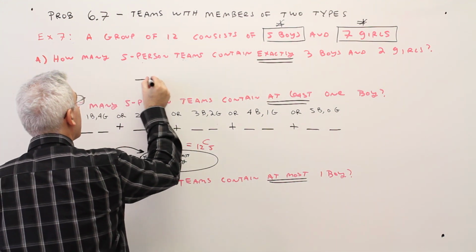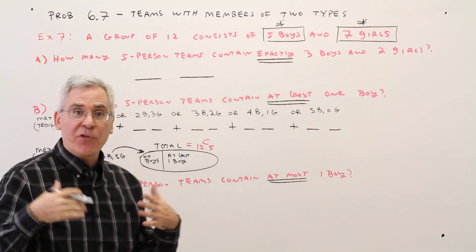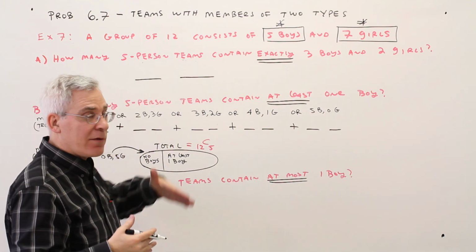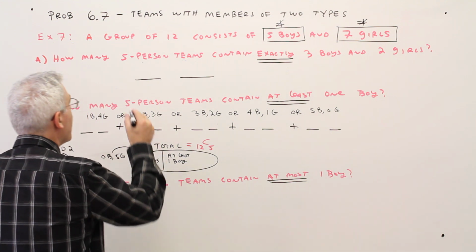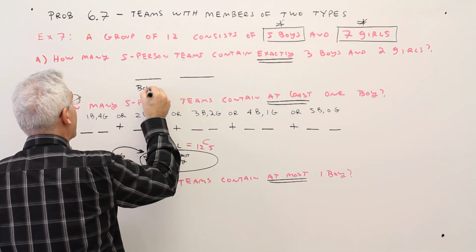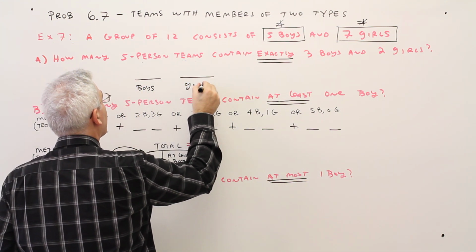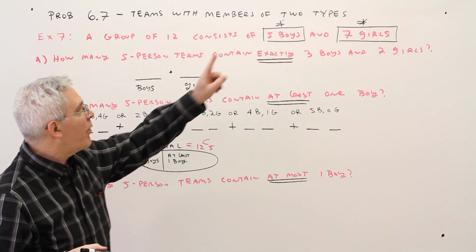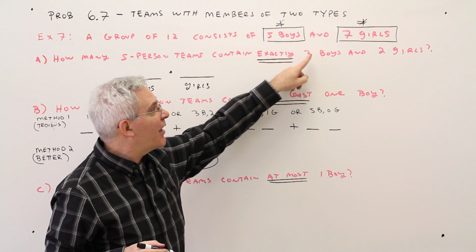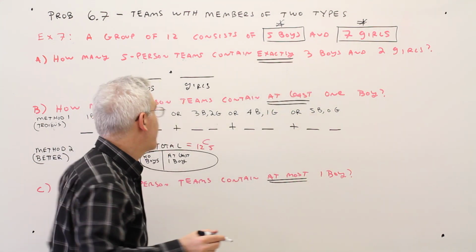All right, what we're going to do is the multiplication rule. The number of ways of doing event 1 times the number of ways of doing event 2. Event 1 is picking the boys, event 2 is picking the girls. Okay, so out of 5 boys, I want to pick exactly 3. 5 choose 3.